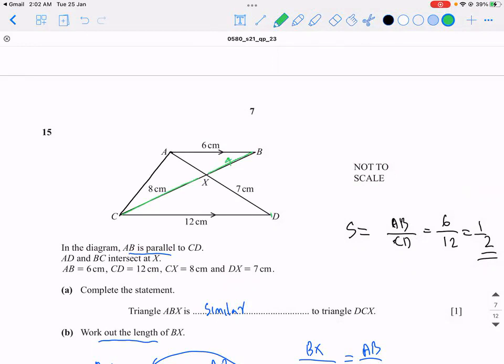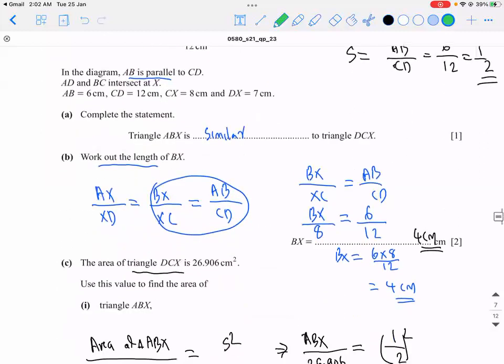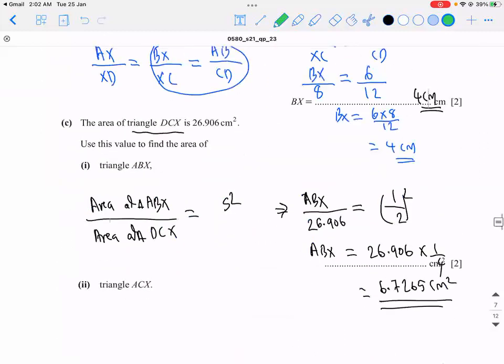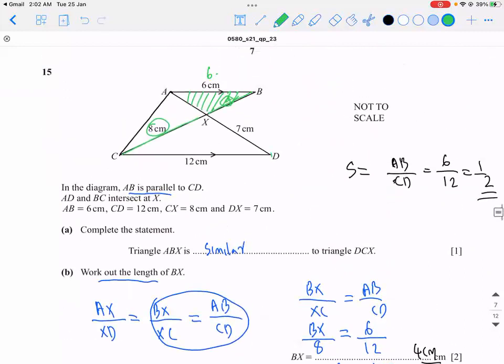And if this is 4, it is 8, so immediately it is doubled, right? Similarly, what happens to the area? The area also gets doubled. So if this area is 6.7265, then what about this area, my dear students?